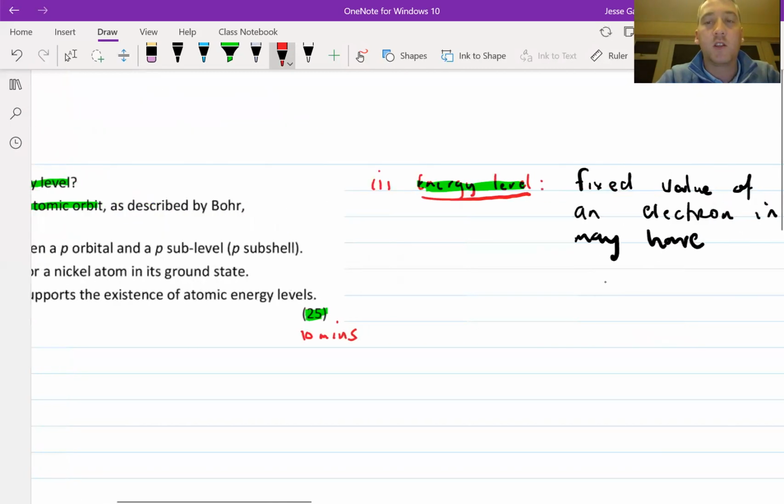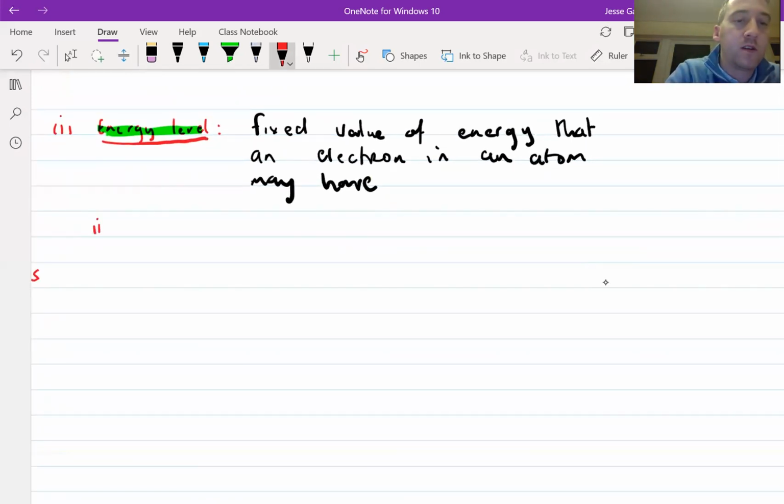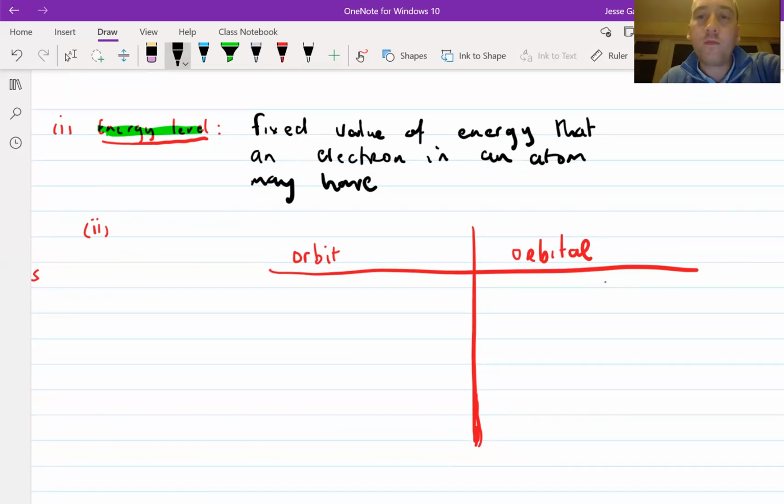So in part 2, we're going to use a table, comparing this word orbit with the word orbital. We're going to try and give at least two differences. If we can give more and it doesn't take too long, then we should probably try and do that.